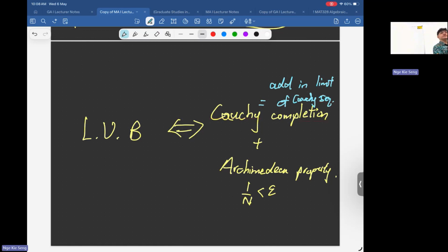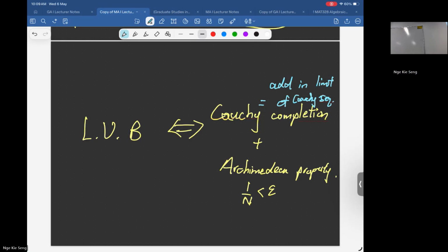But in the assignment, I asked you to show that it's equivalent to MCT, one side of the MCT. You have a choice to not do that question because I asked you to do just 60 marks out of 80. But if you are brave enough, you should try that question. The completeness axiom is equivalent to MCT. There are a few equivalences that are very interesting.